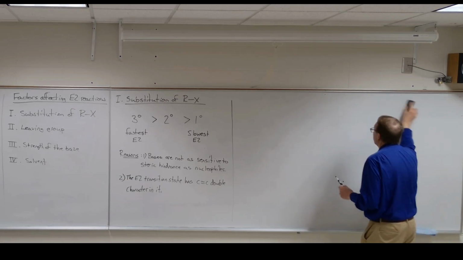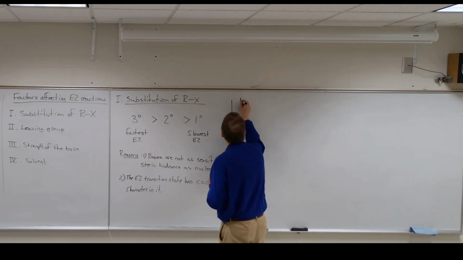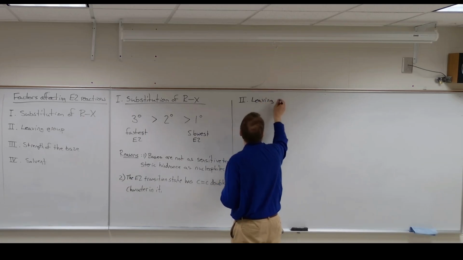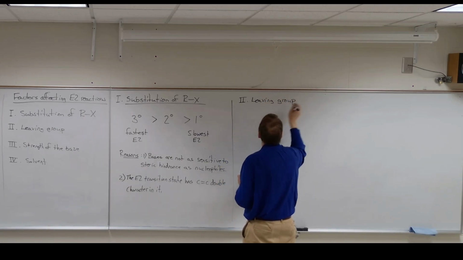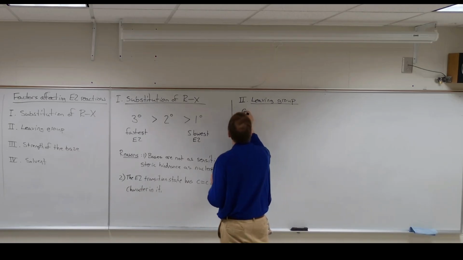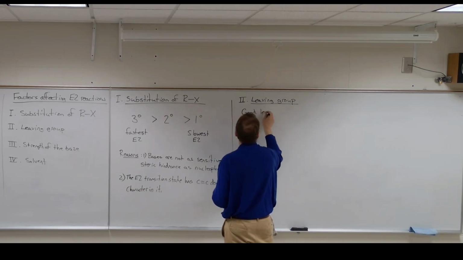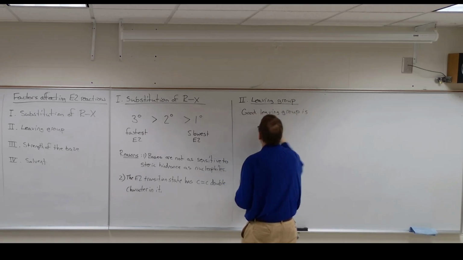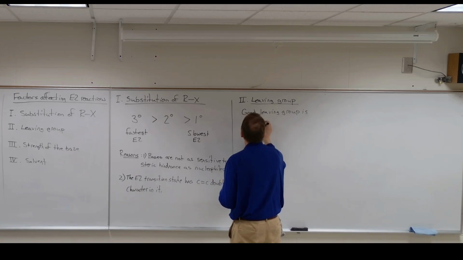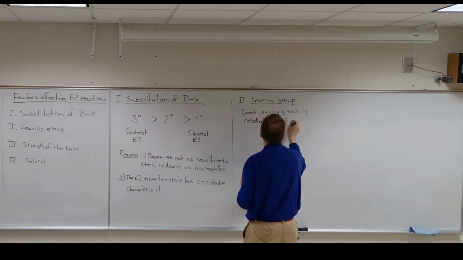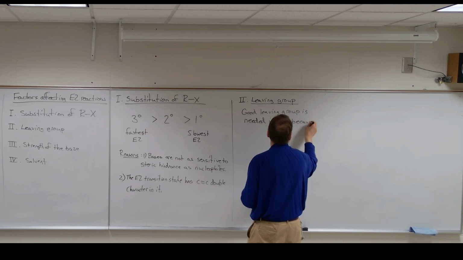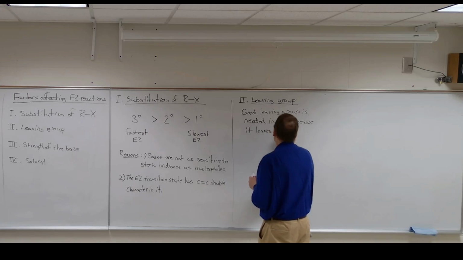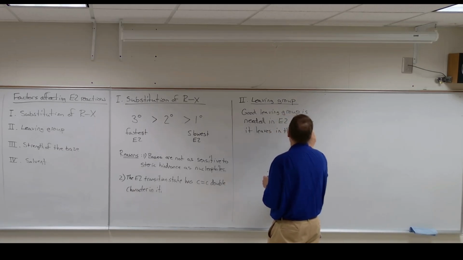Like leaving group, for example. So number 2 is leaving group. A good leaving group is needed in E2 because it leaves in the rate determining step, or the rate limiting step.